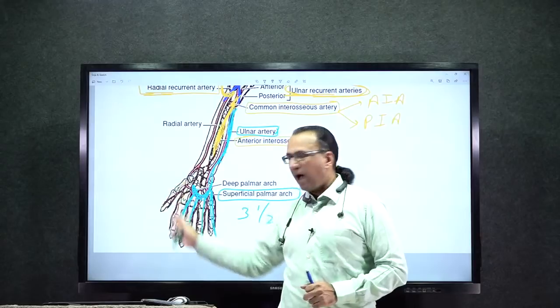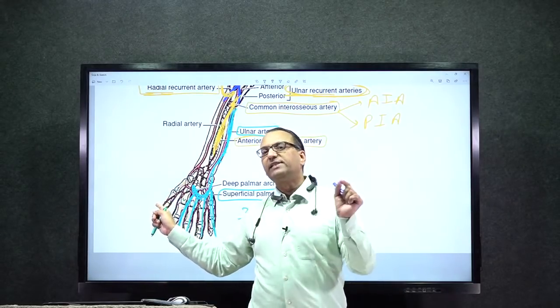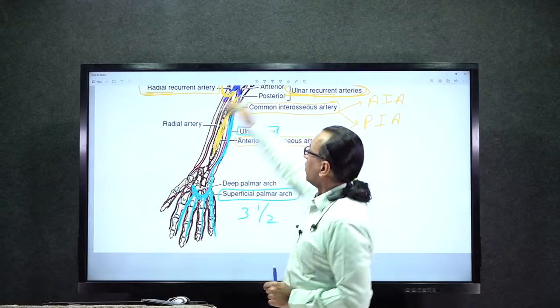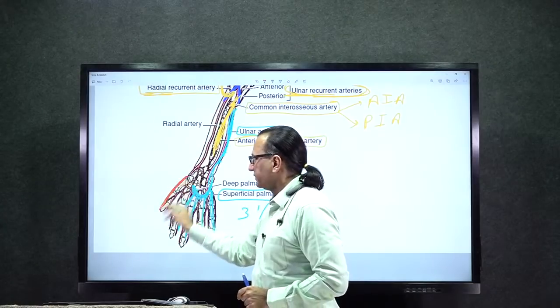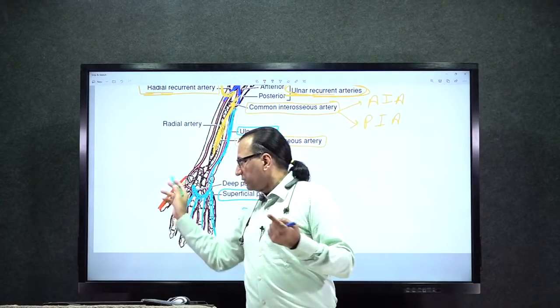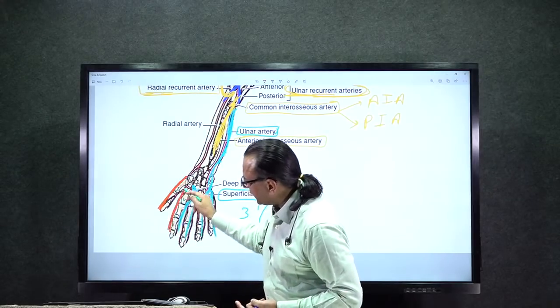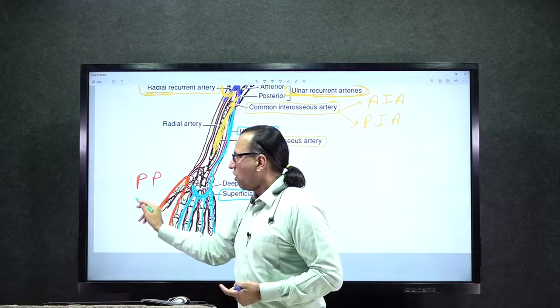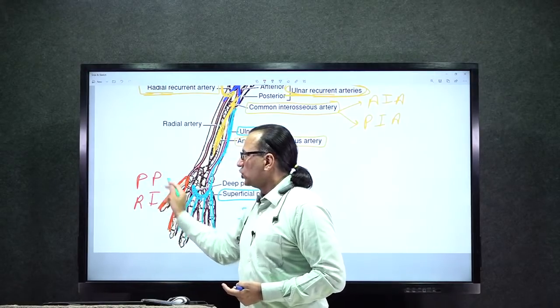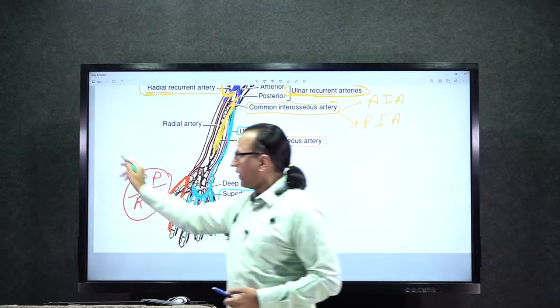Then who will supply 1.5 fingers? For the 1.5 fingers, for the thumb you have princeps pollicis artery. For the index finger, you'll have the radialis indicis artery. Now, princeps pollicis or radialis indicis, who is giving these branches to 1.5 finger?